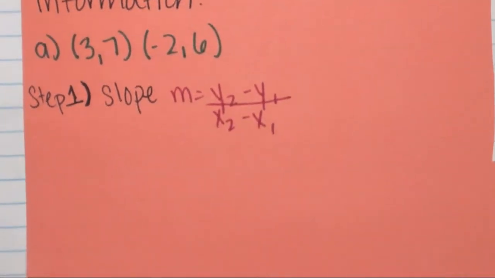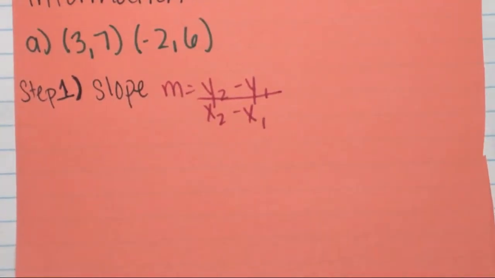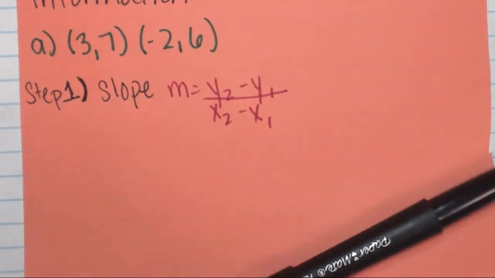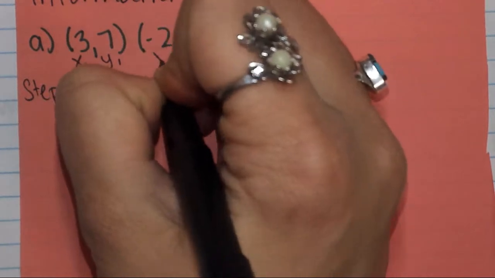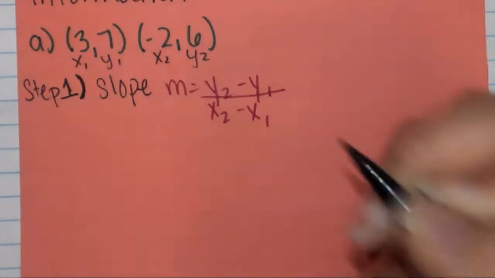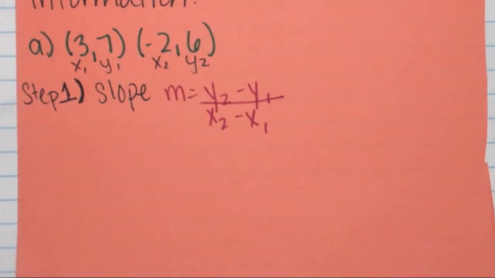And we just so happen to have 2 points so we can plug into there. So we call this x1, y1, x2, y2. And then we plug it in and find our slope. Is everybody ready? Is anybody not ready? Let's do this. Alright, what is our y2?